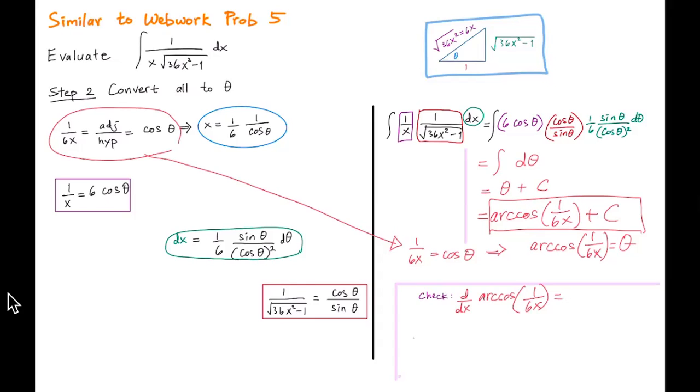So that would be negative 1 over square root of 1 minus 1 over 6x squared times the derivative of this value, which is 1 over 6 times negative 1 over x squared. And if you simplify, you should check that this is equal to 1 over x times 1 over square root of 36 x squared minus 1.